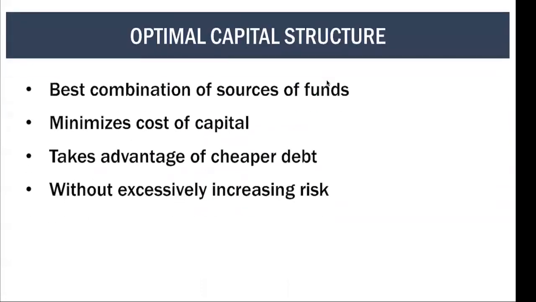For capital structure, we need to optimize it, meaning we need to get the lowest weighted average cost of capital so that we have an optimal capital structure. So we look into the lowest possible combination of sources of funds based on our WACC to get the optimal capital structure.